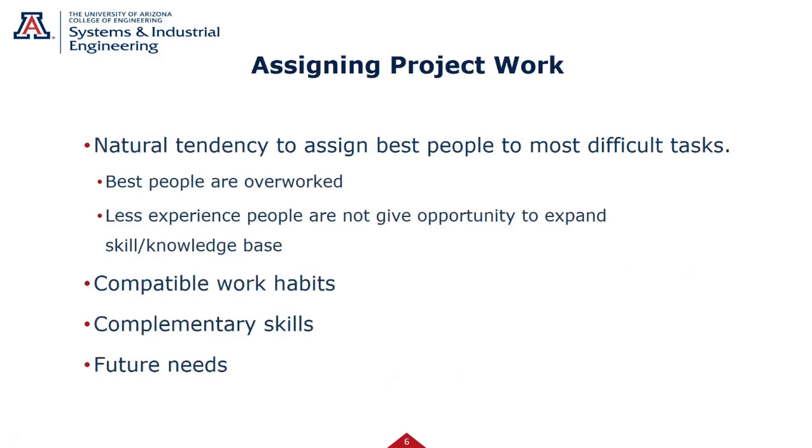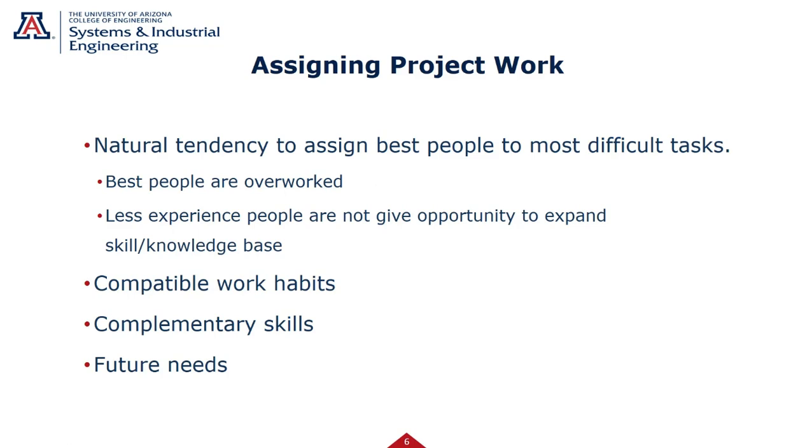Now, a tendency you have to watch out for is you're going to give your best people your most difficult task, or your more senior people. Are you going to overwork them, overload them? Be careful with that. You also have to be careful if you're always giving tasks to the senior people who can get it done maybe faster than junior people.